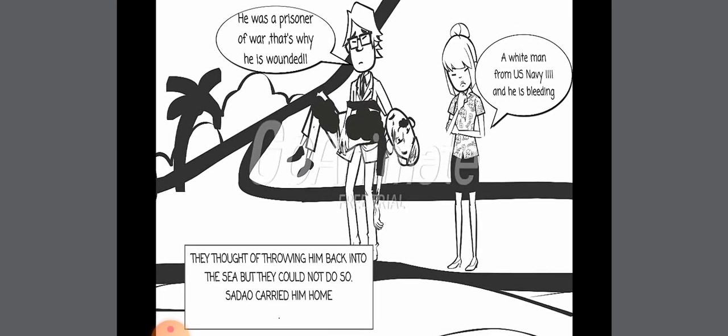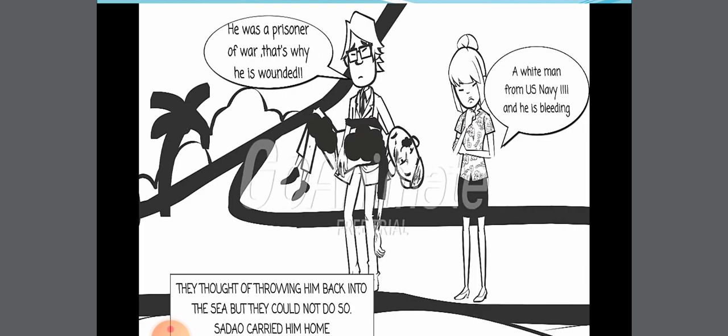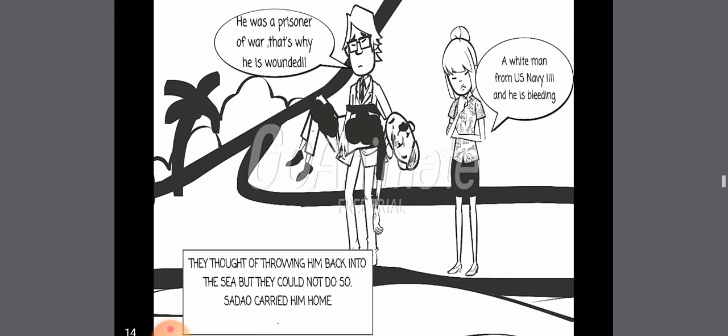Americans were their enemy at that time during the Second World War. But on the way, his professional ethics, his duty as a human, came in his way. What was his duty? To save any person that comes his way. So they thought of throwing him back into the sea first, but his conscience came in his way, and they could not do so.